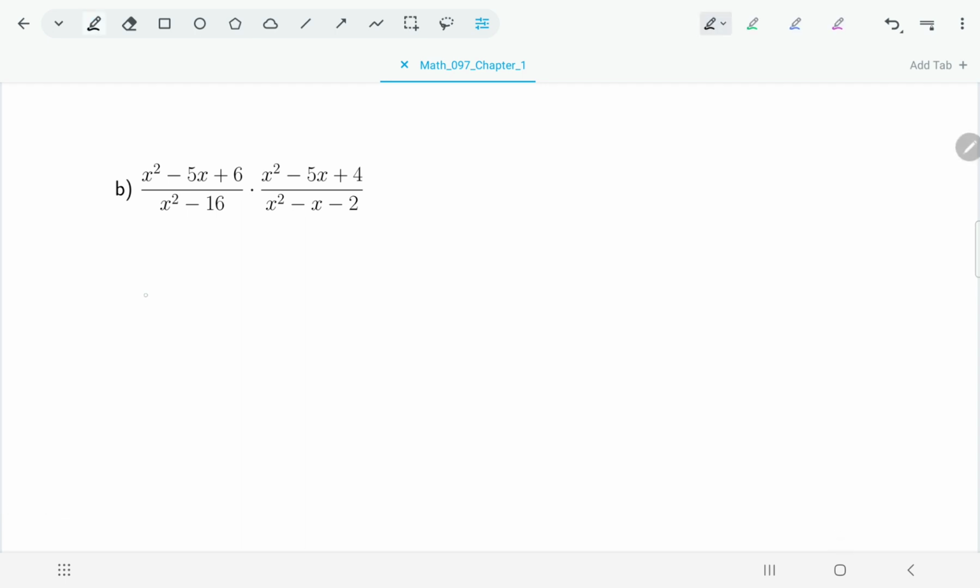So let's start off. We have for the first little rational expression, numbers that multiply to 6 and add to -5. That's -2 and -3. So x minus 2, x minus 3. And our denominator is a difference of squares, x minus 4, x plus 4.